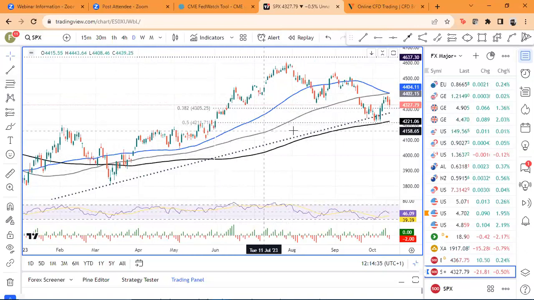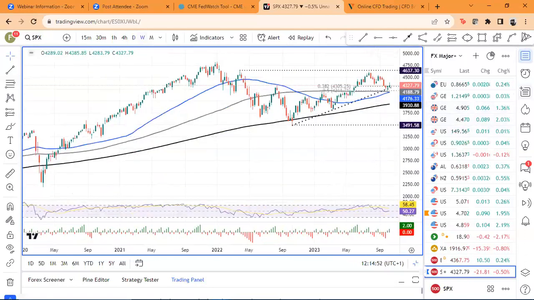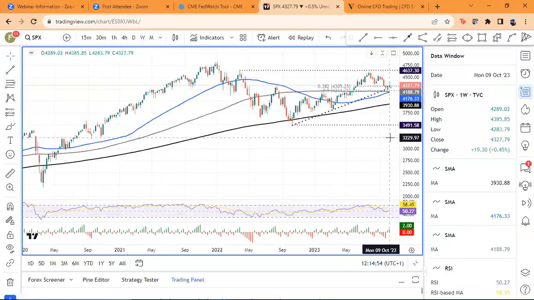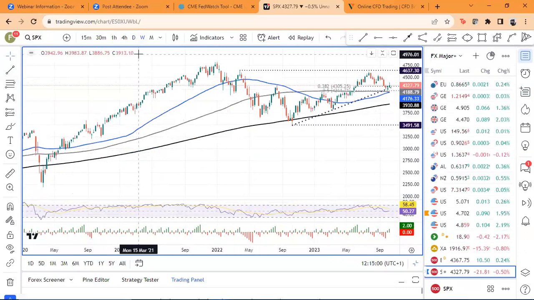You can see 4,211 bounced off there, and also the 200-day moving average, which didn't quite touch it actually, is at 4,221 now. So it's rising, even though we just rolled over on Friday. Interesting though that stocks were marginally higher on the week.